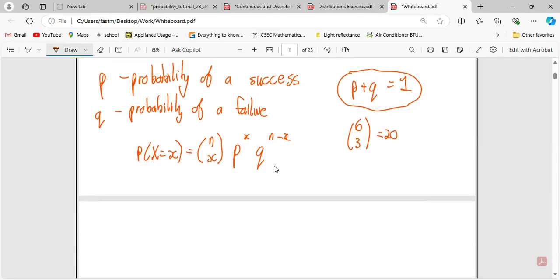Alright, and then it's discrete, so plotting the PDF is the same. You do 1, 2, 3, 4, whatever, get the probability and plot the PDF, and the same steps for your CDF. The probability of less than or equal to x is the same with the discrete. So the expectation is np, and the variance is npq.